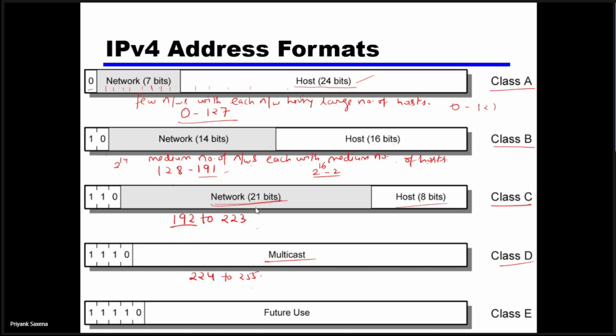And class C, which we generally use, has a larger number of networks, each with a smaller number of hosts. Class D was reserved for multicasting, right? And class E was not used at all, right?